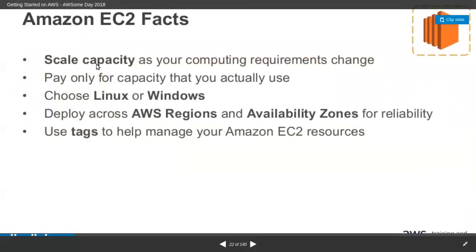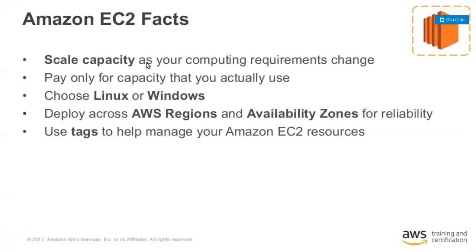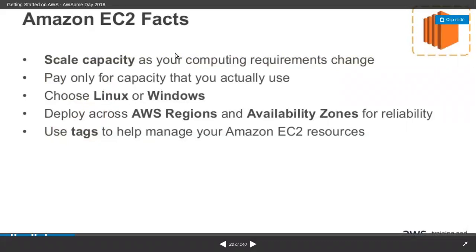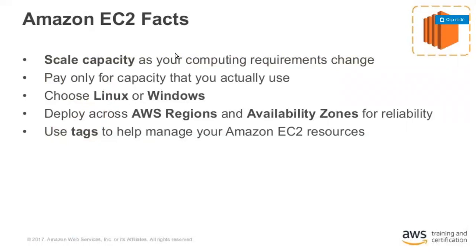Now, with respect to the facts, 2 points we need to remember. One thing is scale capacity. What they mean is when you have an EC2 instance, you can keep increasing your capacity. You can keep adding more memory. So one thing is you can say I want this kind of instance.